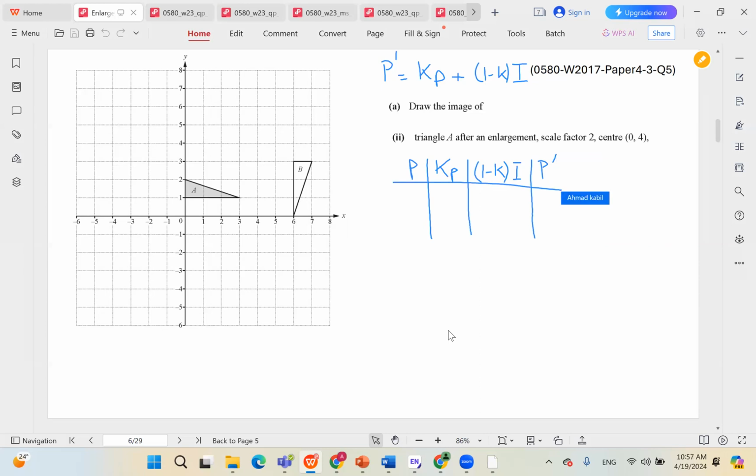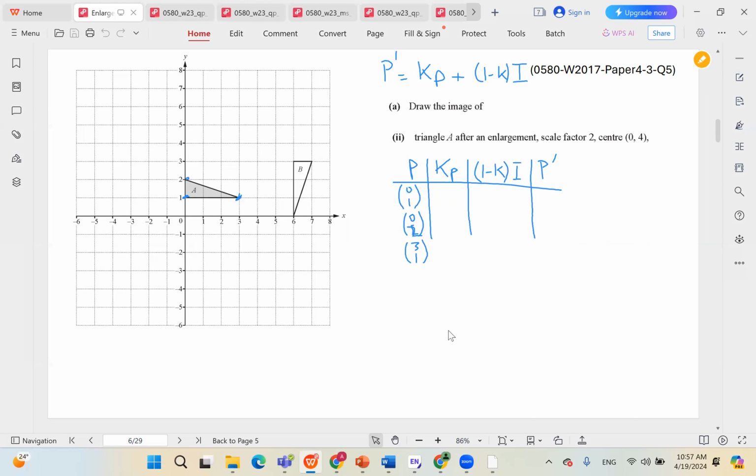So let's first get the points of triangle A. We have this point here, this point here, and this point here. So we have 0, 1, and we have 0, 2, and 3, 1. Now we're going to multiply by K. K is the scale factor.